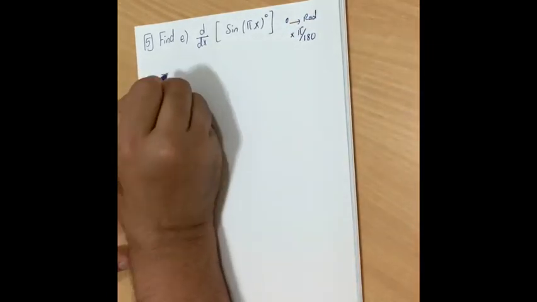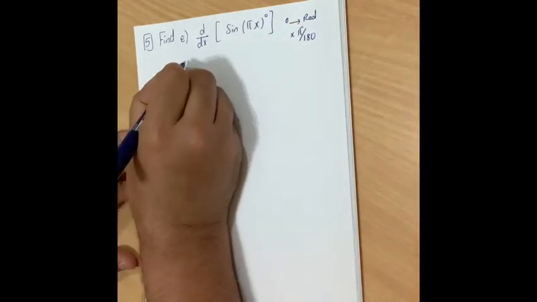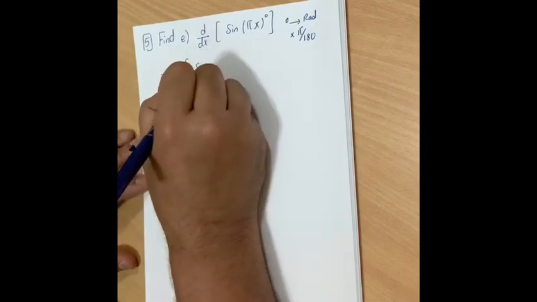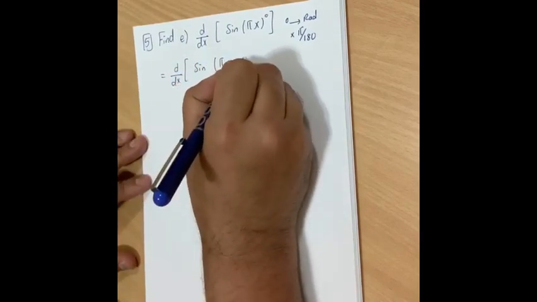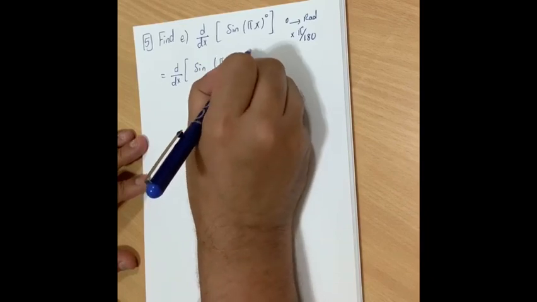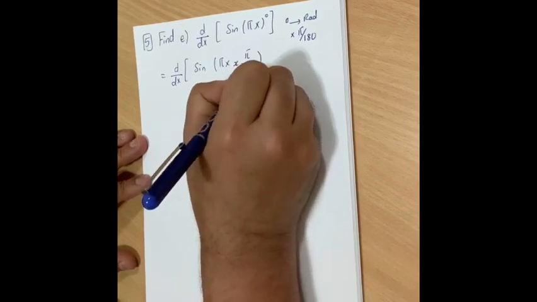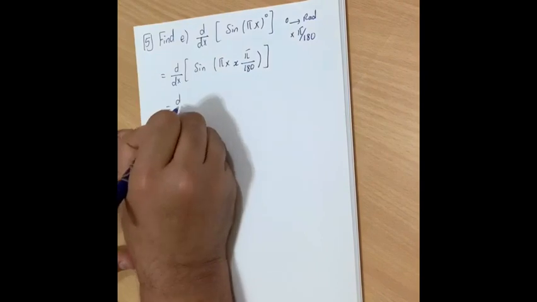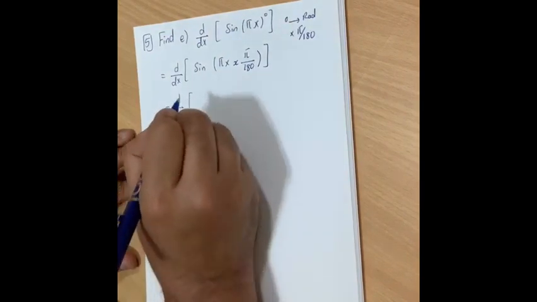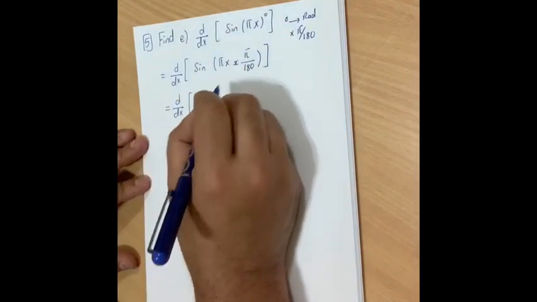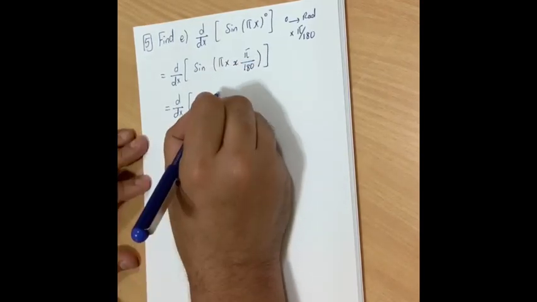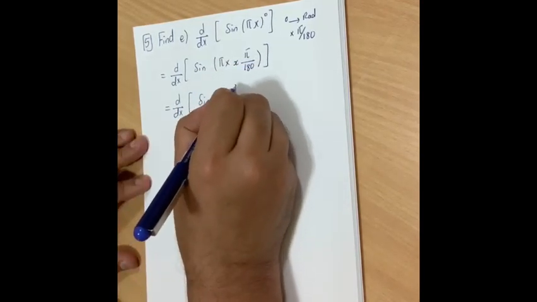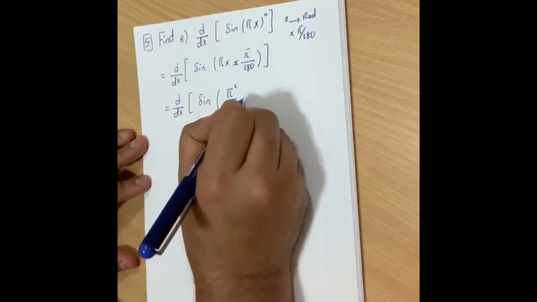So before you start to differentiate, you keep the derivative and you change the angle first. So sine pi x times pi over 180. Then d by dx of sine: pi times pi is pi squared, times x, so sine of pi squared over 180 x.